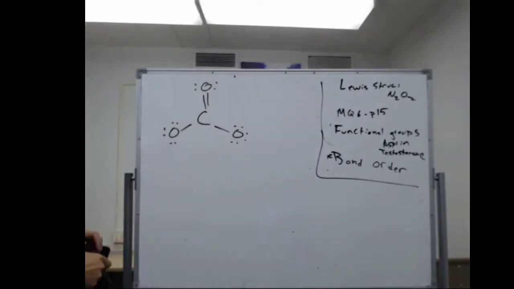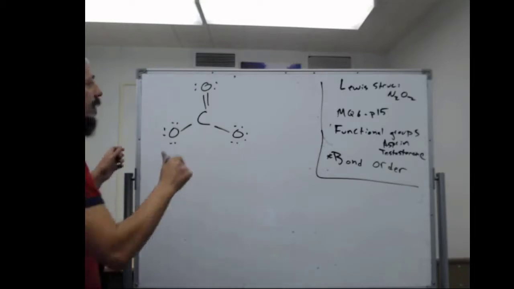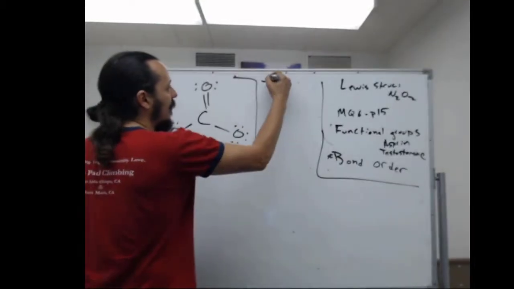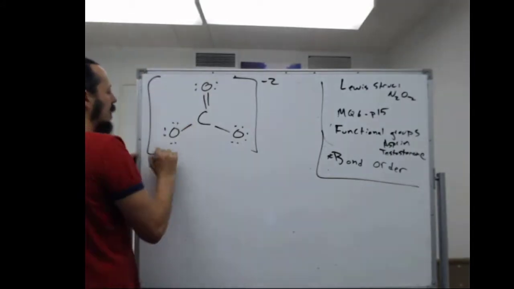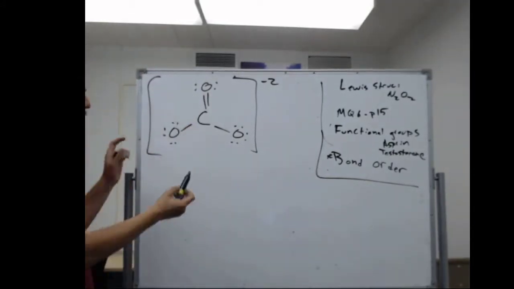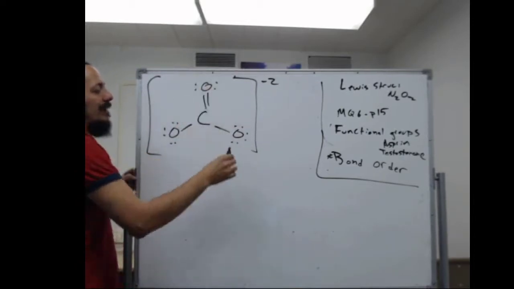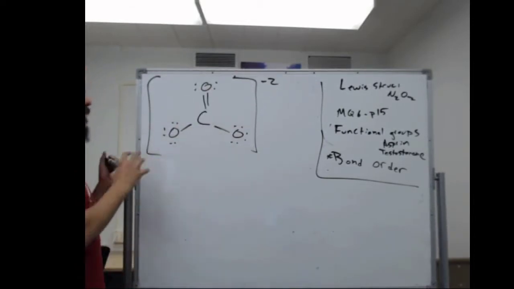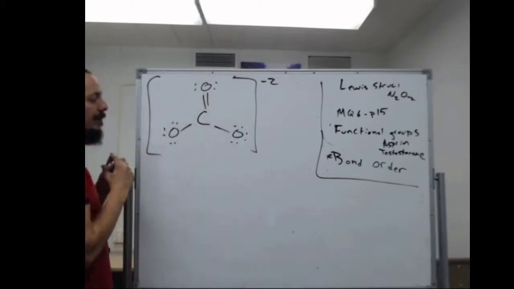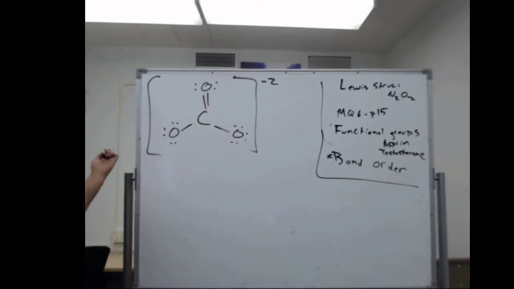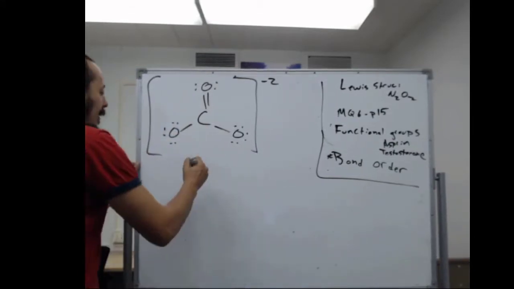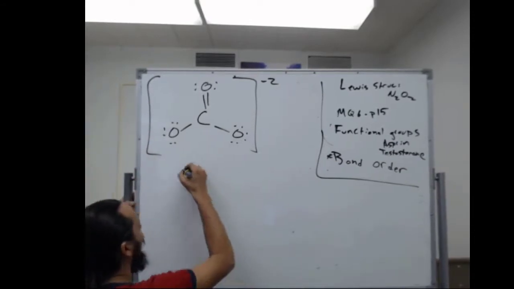The problem with this structure, which is going to have a -2 charge on it, is that electrons, again, are dynamic objects. They're not just stuck in one spot. The way that we represent that is essentially we make a flip book, side by side.